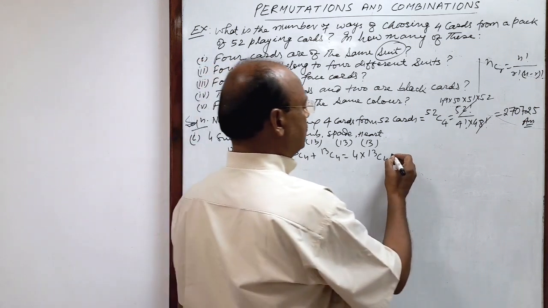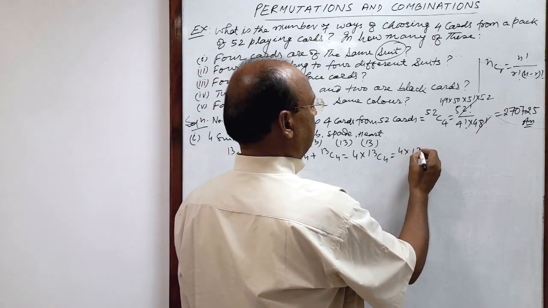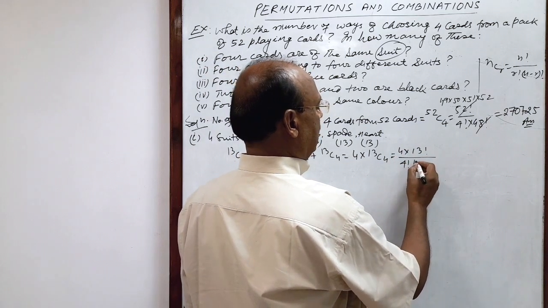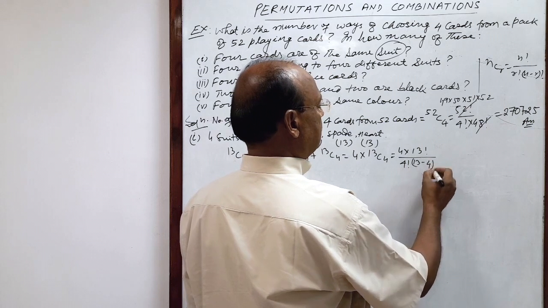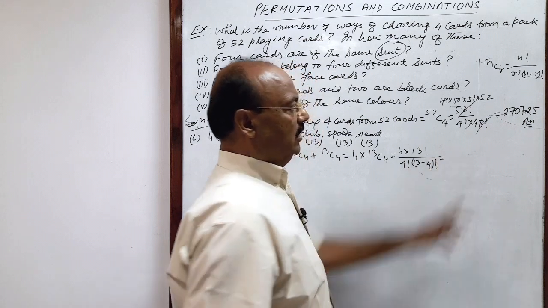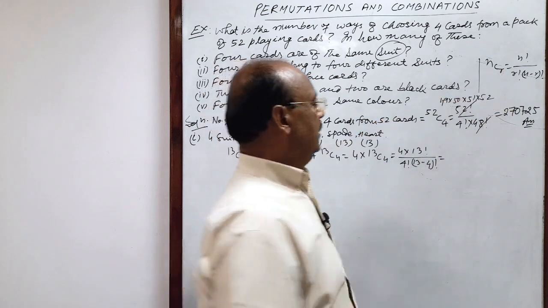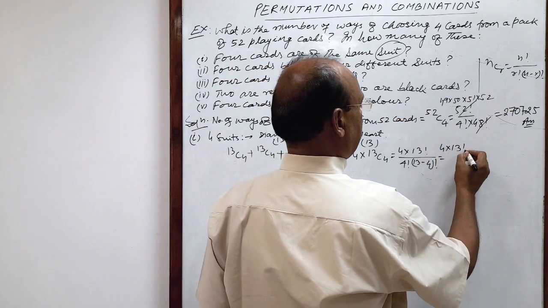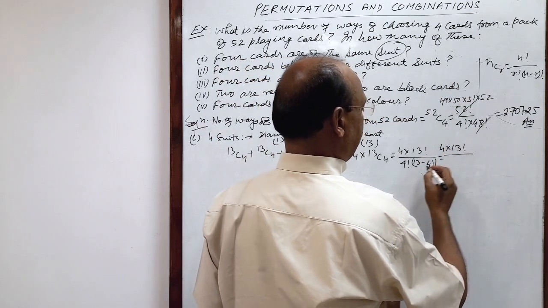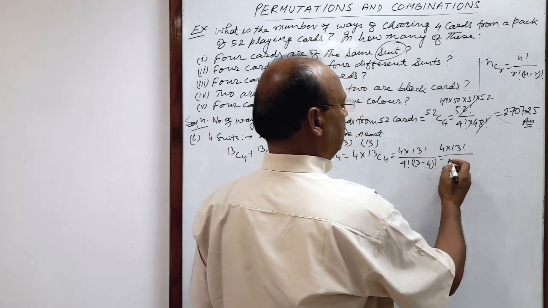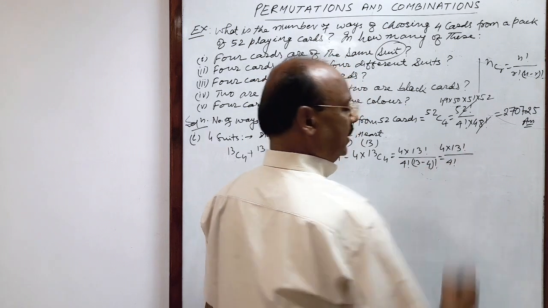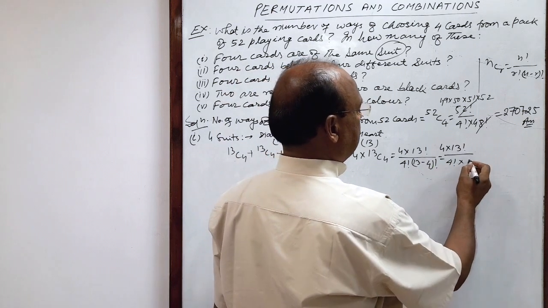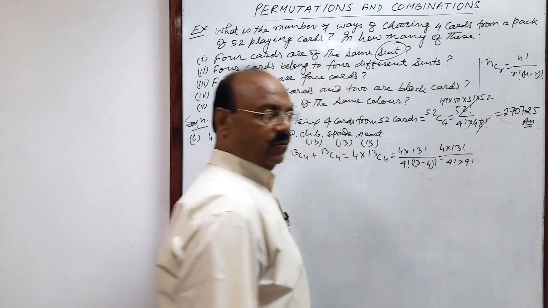Now we can simplify it very easily. So this is 4 into 13 factorial divided by 4 factorial into 13 minus 4 whole factorial using this formula, correct? And this is 4 into 13 factorial divided by, 4 factorial is 1 into 2 into 3 into 4, and this 13 minus 4, that is 9 factorial.